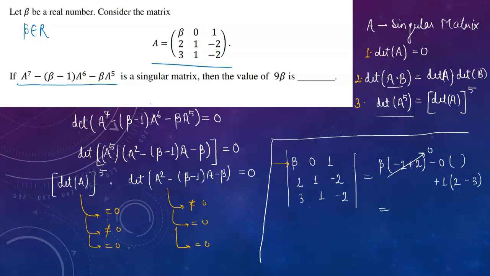So the determinant which is coming as minus 1 is not dependent on beta. So we got that the determinant is not equal to 0. So with determinant A not equal to 0, this other term must have 0 value.